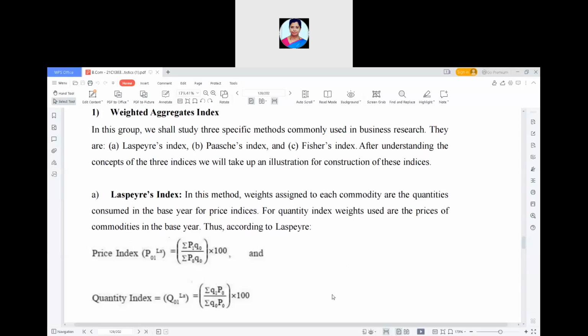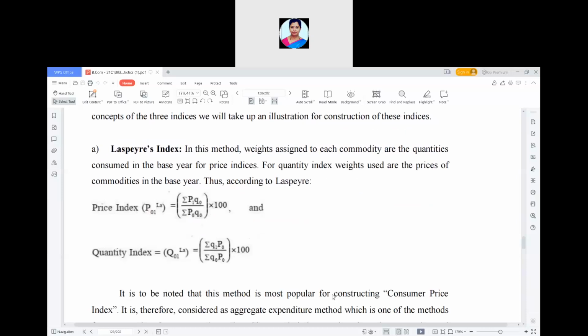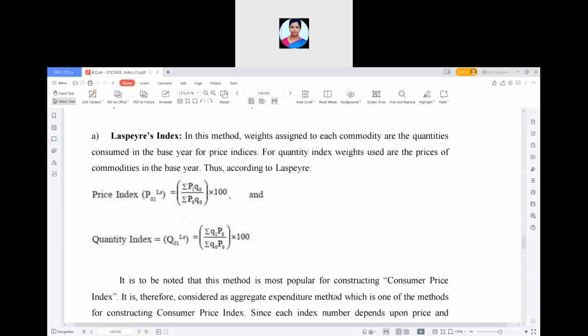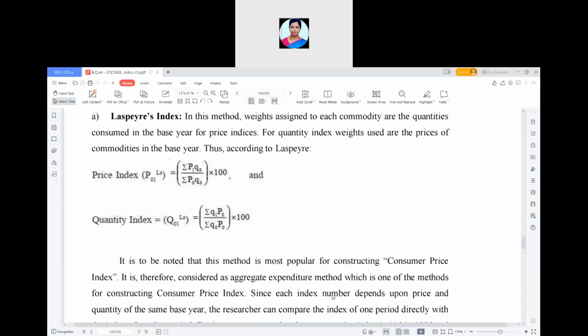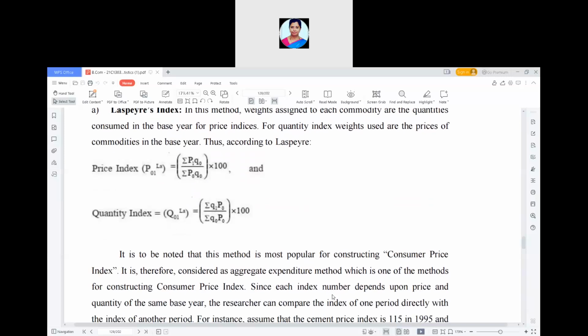With respect to price, we multiply numerator and denominator by P0. So summation Q1 P0 by summation Q0 P0. Since we are calculating in terms of percentage, we multiply by 100. This is the formula for calculating Laspeyres' price index number as well as the quantity index number.